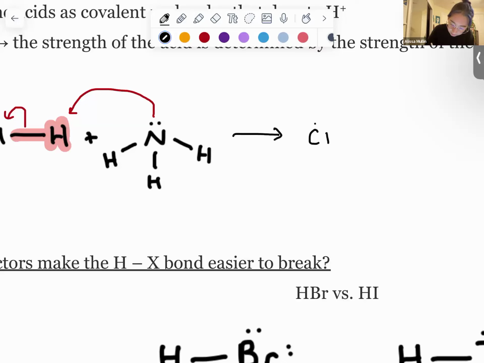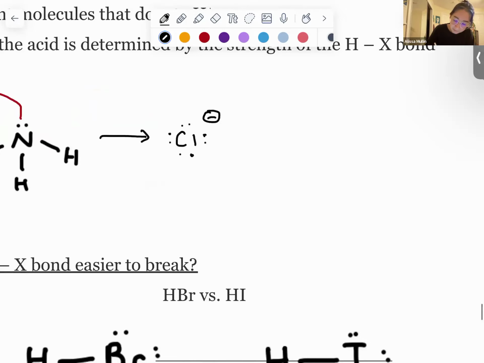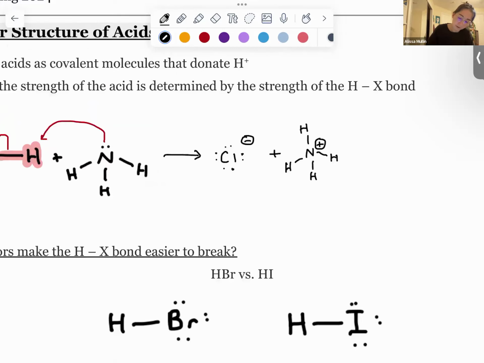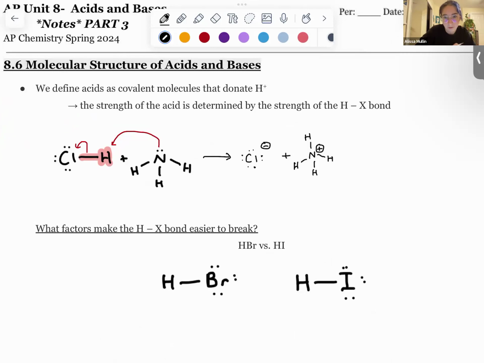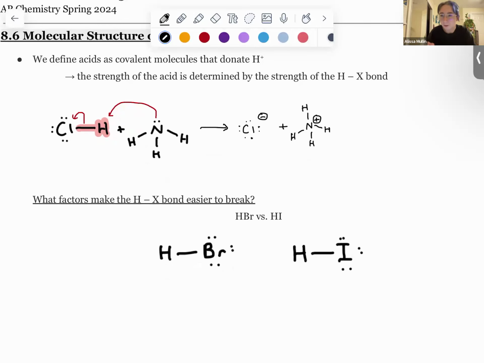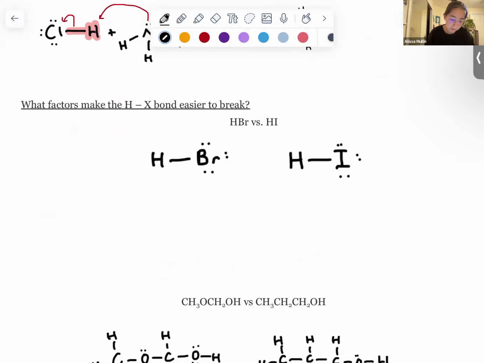You have your Cl ion, and now you have that protonated ammonium. So that's what these reactions actually look like, which I think is interesting, but not something you'd have to draw for this class.